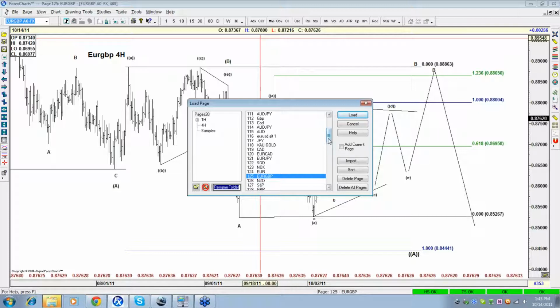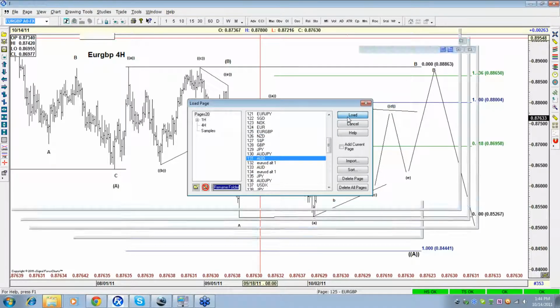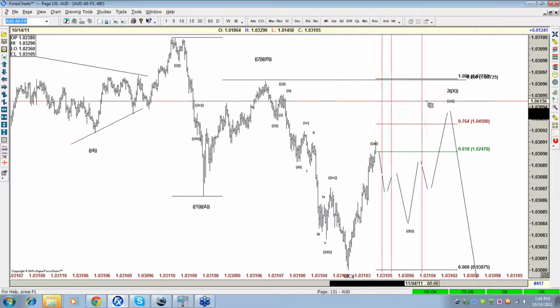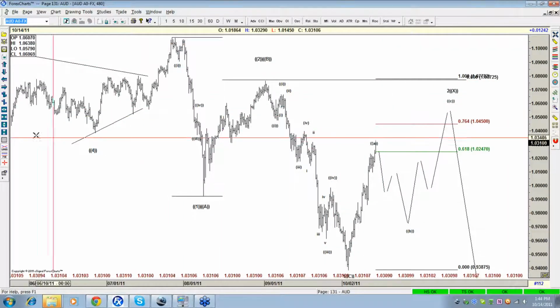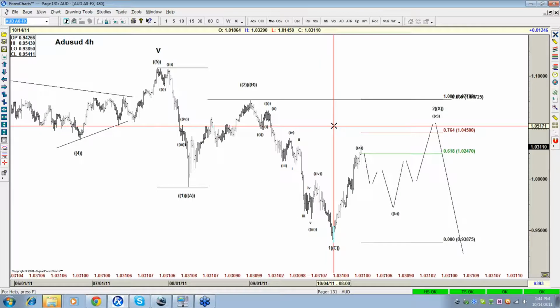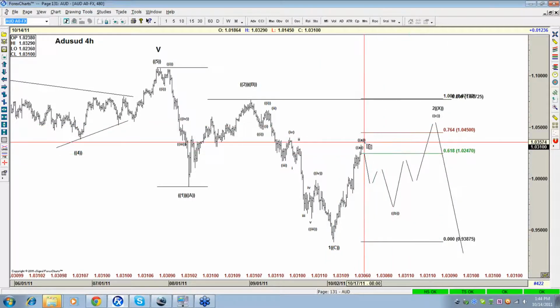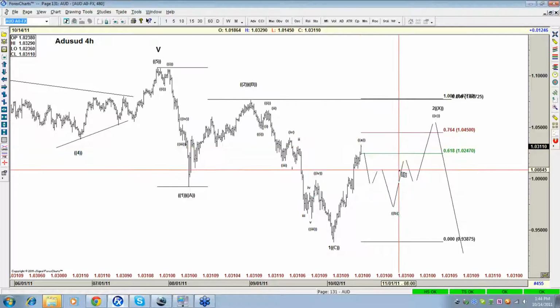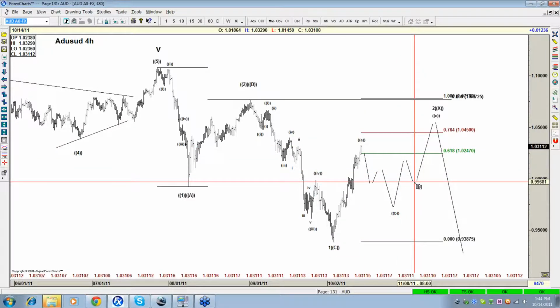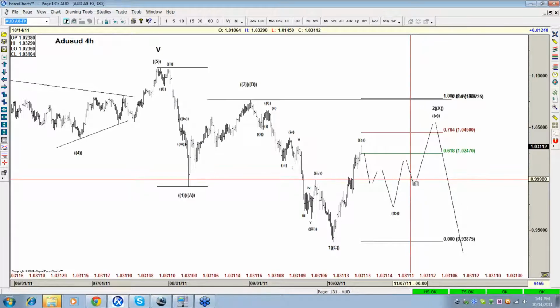Now, let's take Aussie. It's the same for everyone. Let me show you something, guys. The Aussie is a typical example of it. As a waver, this is what you've got to see.